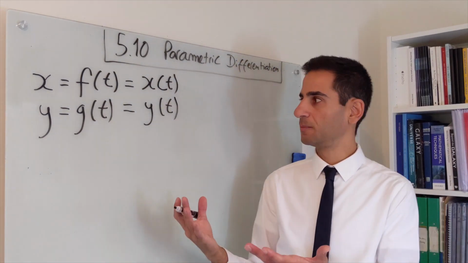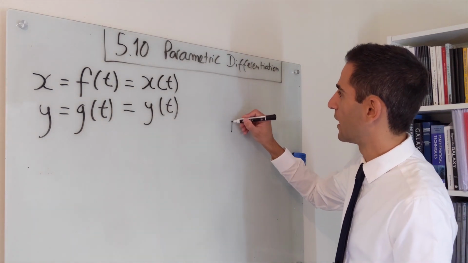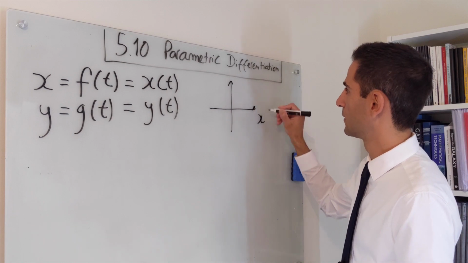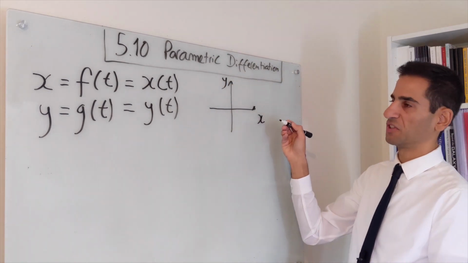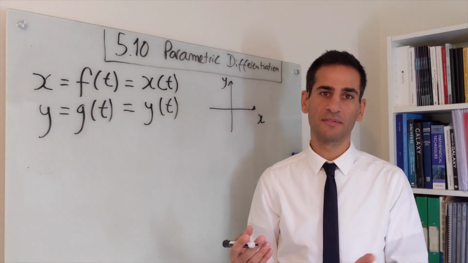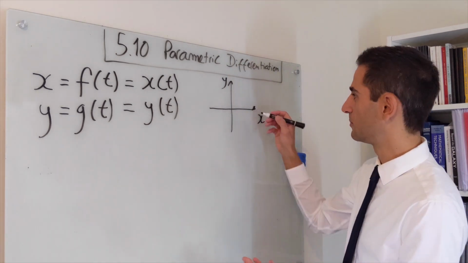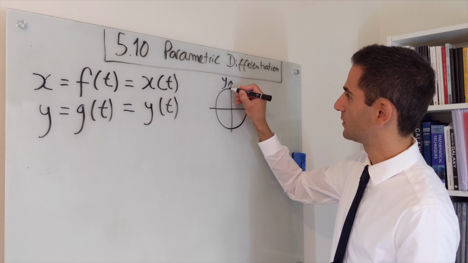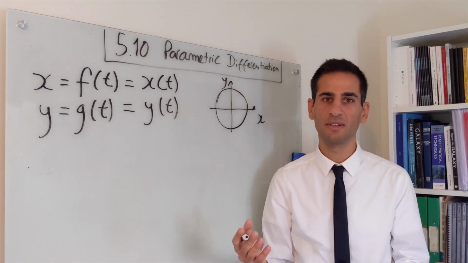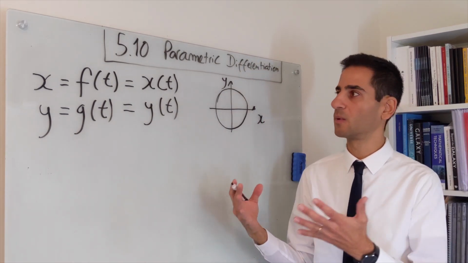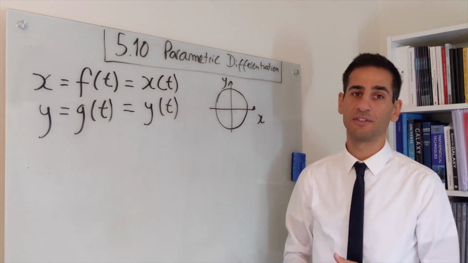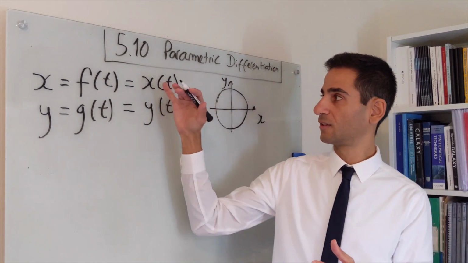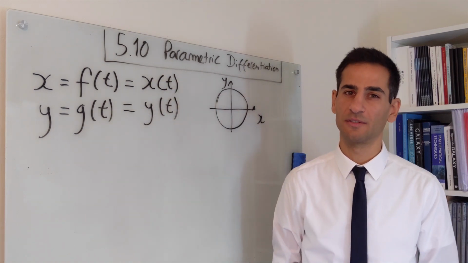Functions like this could be telling you, for example, how a given particle is moving in x and y positions. If these functions involve sine and cos, maybe you could be looking at how the position is changing as a particle goes in a circular orbit. But it doesn't really matter what it is describing. Parametric differentiation allows you to differentiate functions that are defined in terms of a specific parameter.